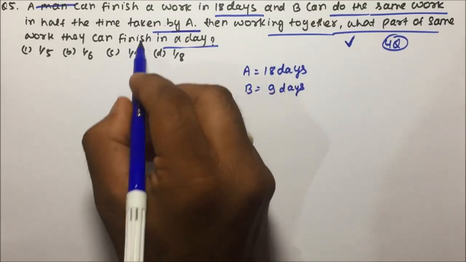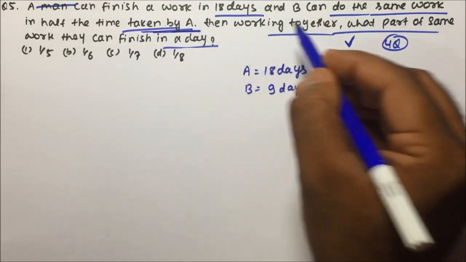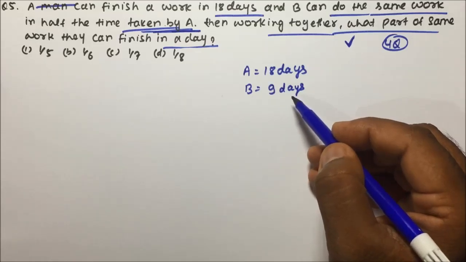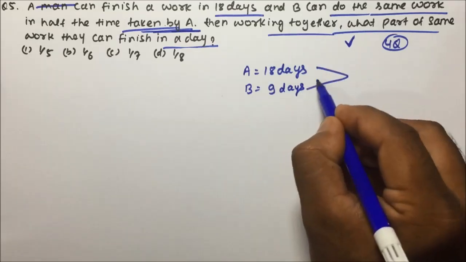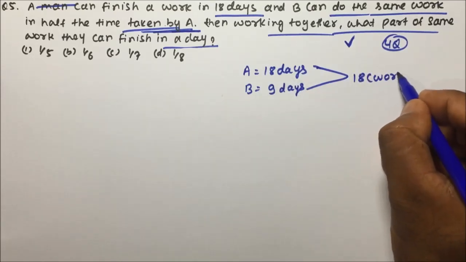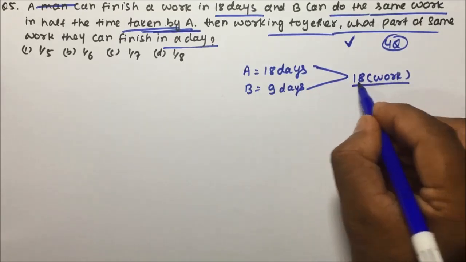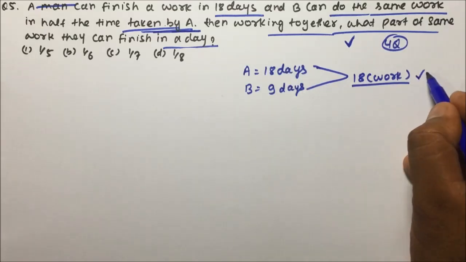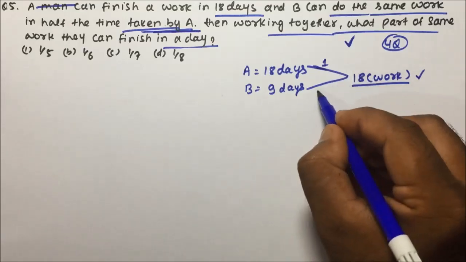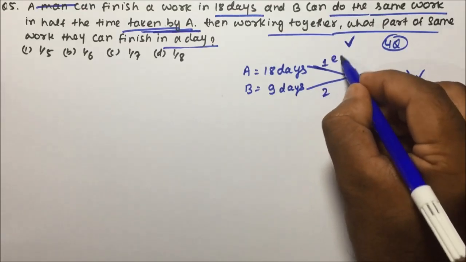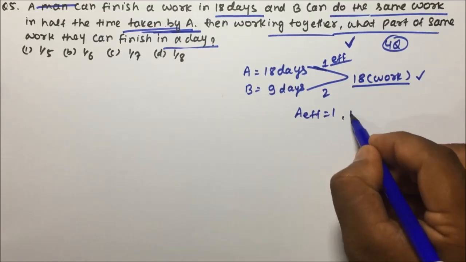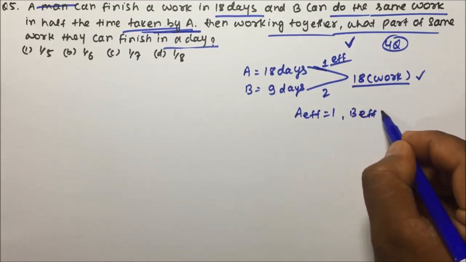Now if you take the LCM, the LCM will be 18, a number divisible by both, and that becomes our work. 18 divided by 18 is 1 time, and 18 divided by 9 is 2 times. This becomes our efficiency. So A's efficiency is 1 and B's efficiency is 2.